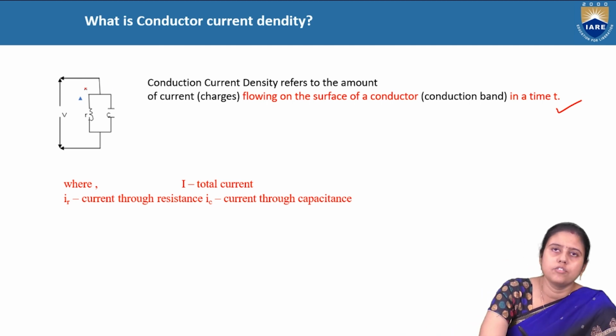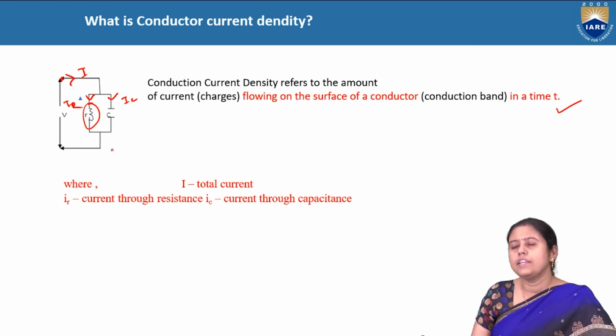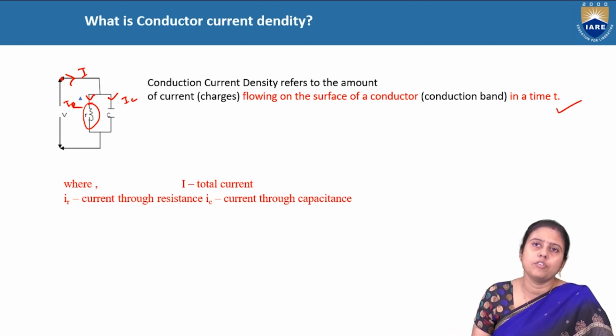If there is a voltage source connected to a capacitor, and there is some resistor, the current flowing has two values. One is going through the resistor and another, a very small amount, is going in the medium or the dielectric, and this amount of current is known as the displacement current.